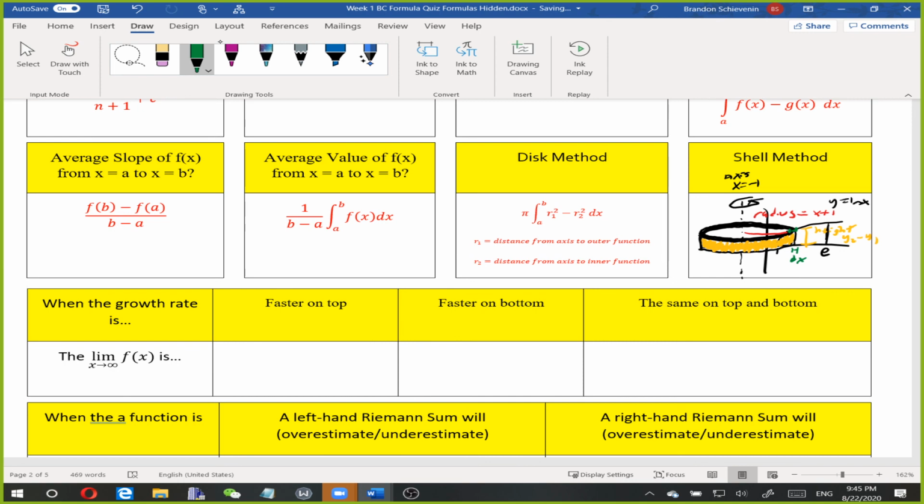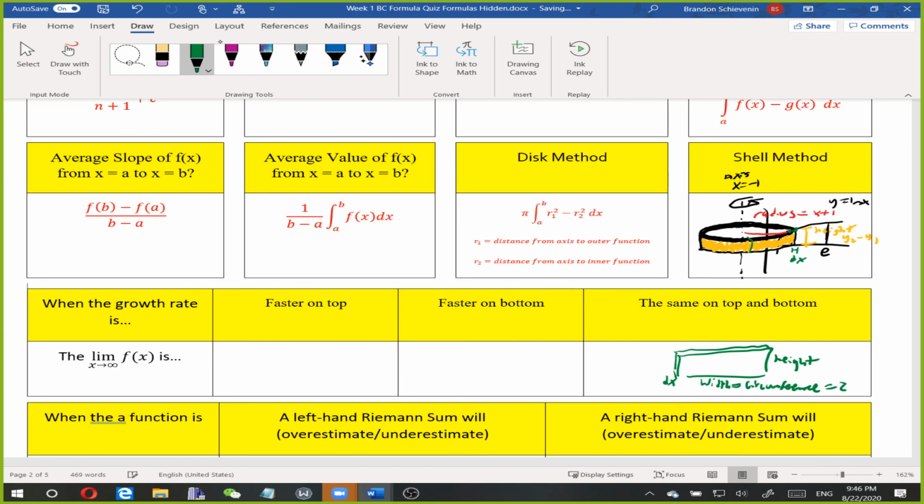Okay, if I was going to take that cylinder and cut it and unfurl it into a box, then my box would look like this. So I've got an infinitely small dx on this side. I've got a height, and I've got a width, which is really my circumference, the distance around this circle in black.